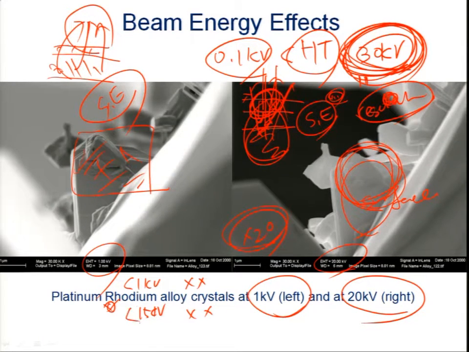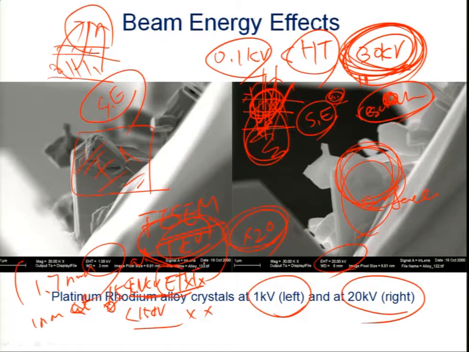For example, one FESEM from JEOL offers a resolution of 1 nanometer at 15 kV of EHT, but 1.7 nanometers at 1 kV, because at a lower high tension the resolution is much lower than at a high tension.